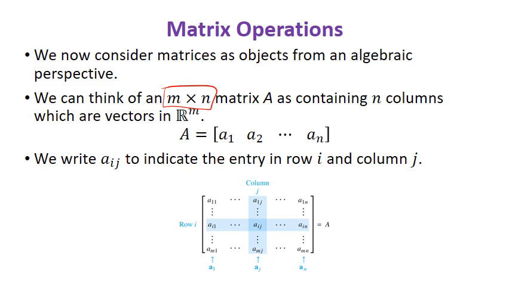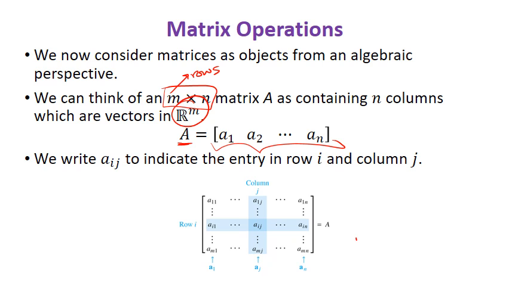Remember that an m by n matrix has m rows and n columns. And so the number of rows are the vectors in R^m. So matrix A basically can be written in this way, and sometimes we use different notation.